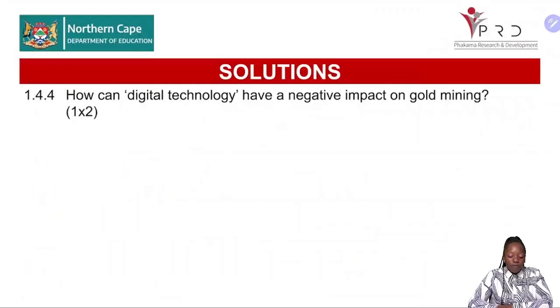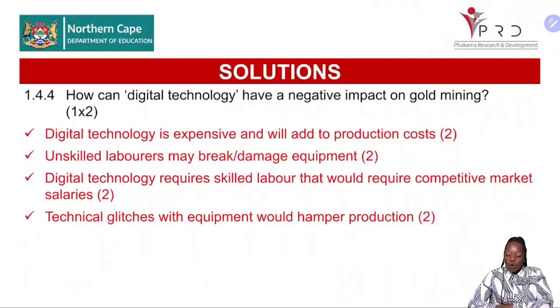Then your 1.4.4, how can digital technology have a negative impact on gold mining? You are supposed to give one response that will give you 2 marks. So to accommodate most of the answers, we're looking at digital technology. How can it be a negative impact?